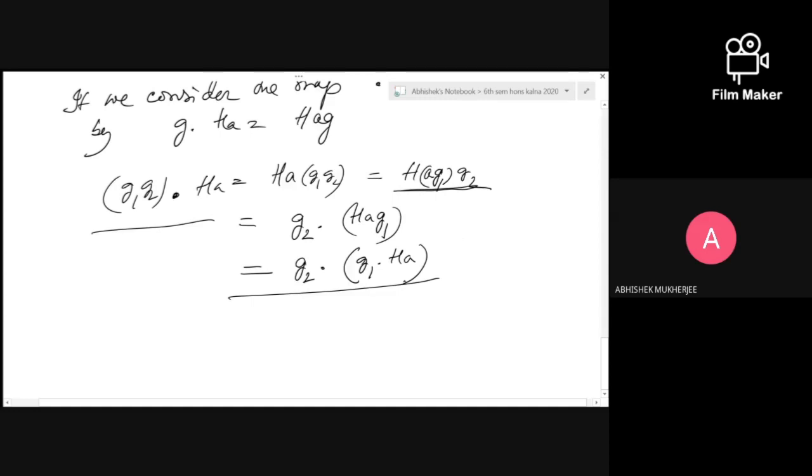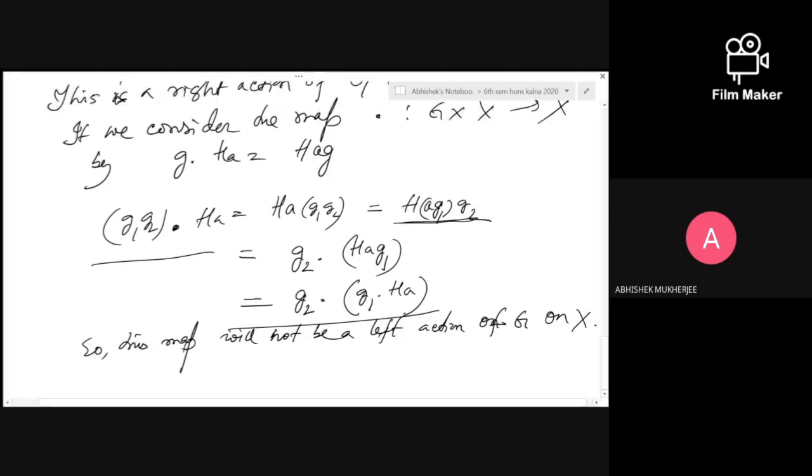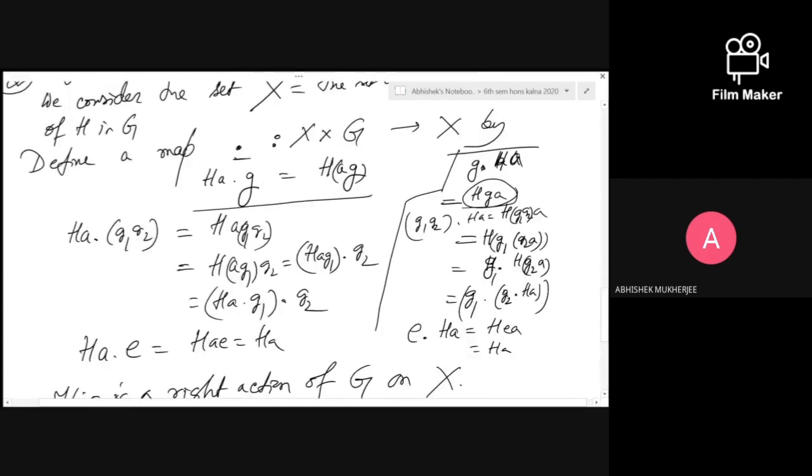So this map will not be a left action of G on X. So this is an example of a map which is not a left action. But if you define g dot Ha as Hga, then it works. We have seen that it satisfies both the axioms.